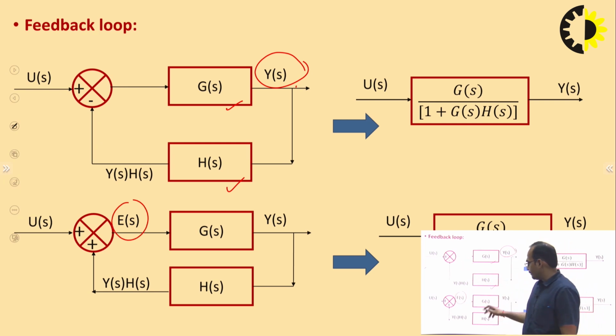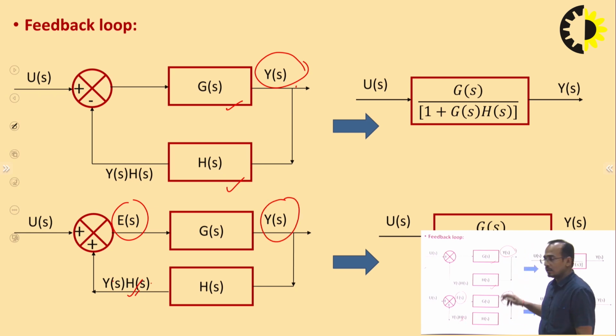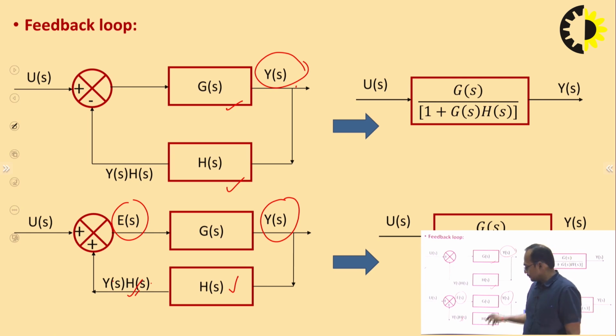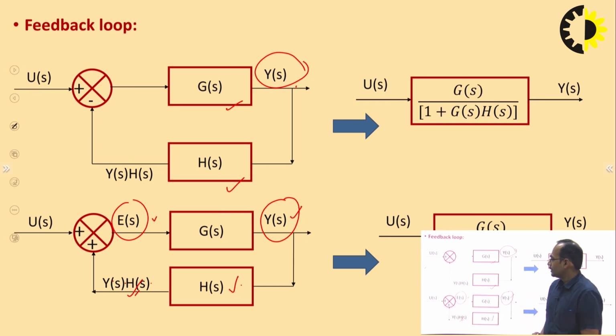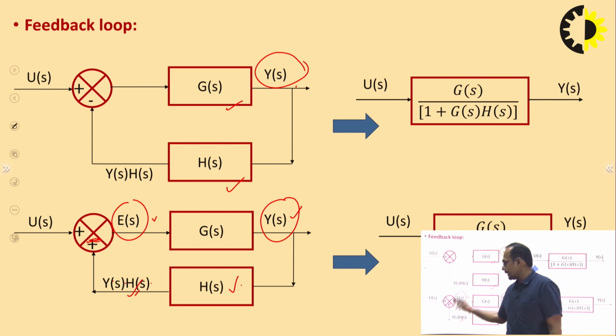The output of the feedback path is equal to Y(s) into H(s): Y(s) works as the input and H(s) is the feedback gain. This goes to the summing point and you get the error signal. You can consider the negative sign here.